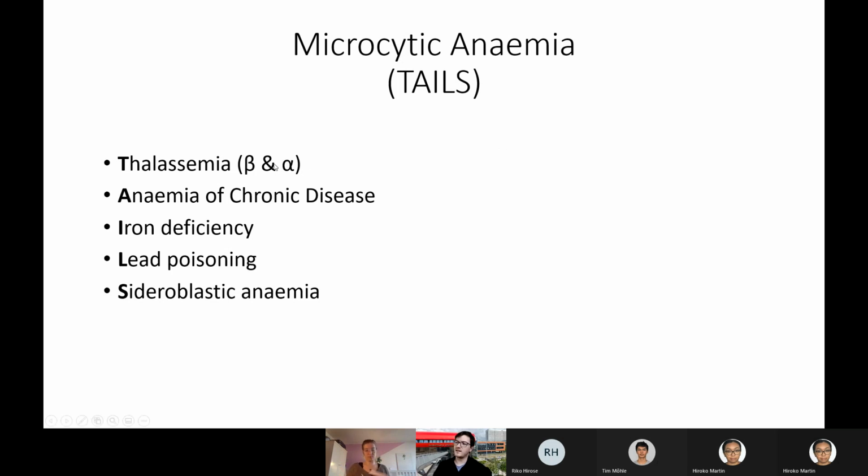There are different types, beta and alpha, depending on which subunit of the globin molecule is affected. I don't know which one is more common, but both of them are treated similarly, symptomatically, with regular replenishment of blood, so blood transfusion. Just to clarify a little bit what thalassemia is, but definitely I want you to remember iron deficiency from microcytic anemia, because it is by far the most common.